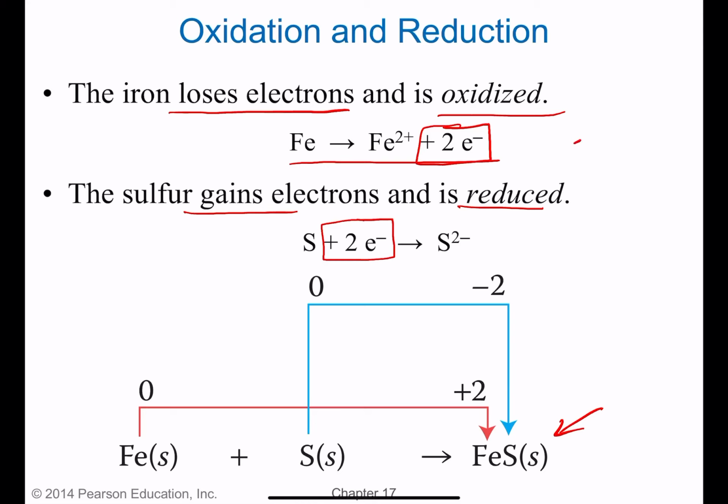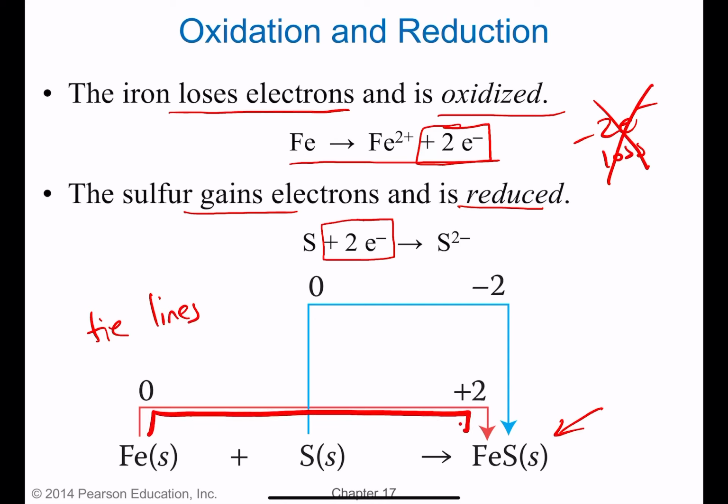We never write -2 electrons to represent a loss. These red and blue lines are what we call tie lines. The oxidation state for iron went from 0 to +2, and sulfur went from 0 to -2. This is another way to visually keep track of what's going on in the redox reaction. You have 2 electrons being lost by the iron, and the sulfur gains those 2 electrons.